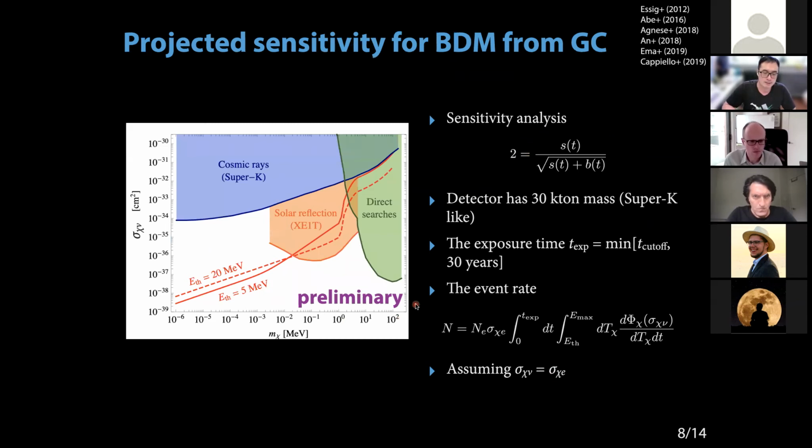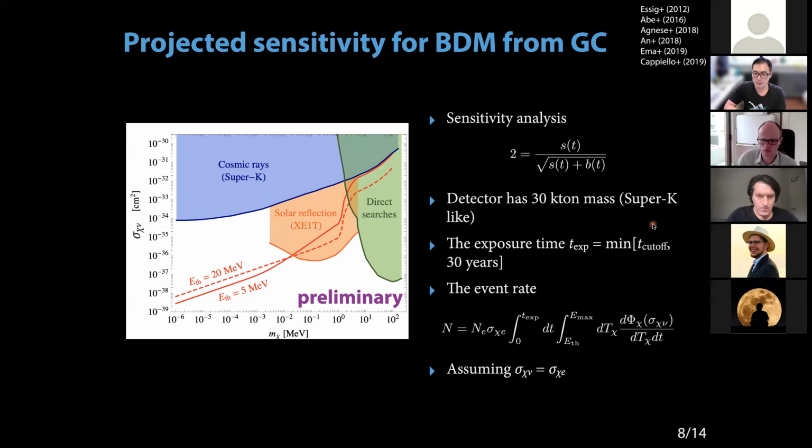And in the last slide of this topic, I want to show you the projected sensitivity of this BDM scenario from a supernova explosion in our galaxy center. In this analysis, we assume the sensitivity is a two sigma detection significance, and the detector is very similar to Super K, which has 30 kiloton mass.